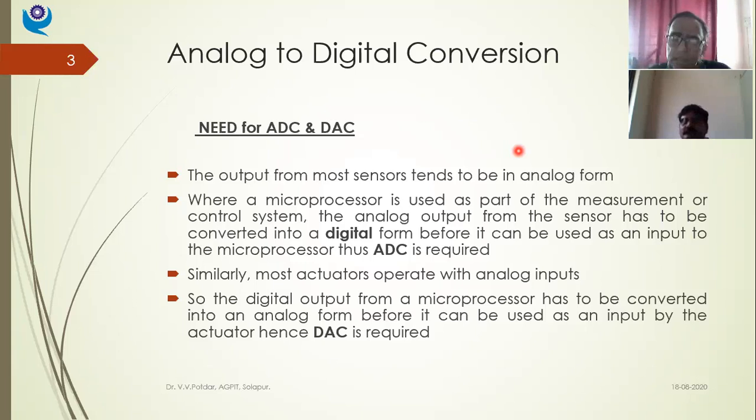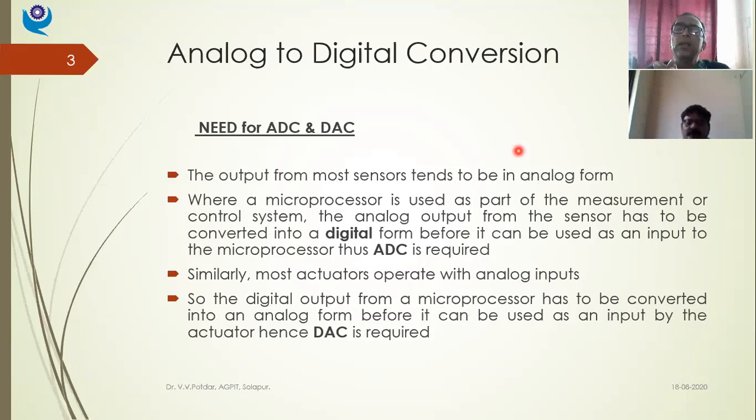So this is the requirement, let us say. Now, the DC motor requires an analog signal, analog voltage. The signal generated by the RVDT is also analog voltage. But let us say the comparator is a microprocessor.